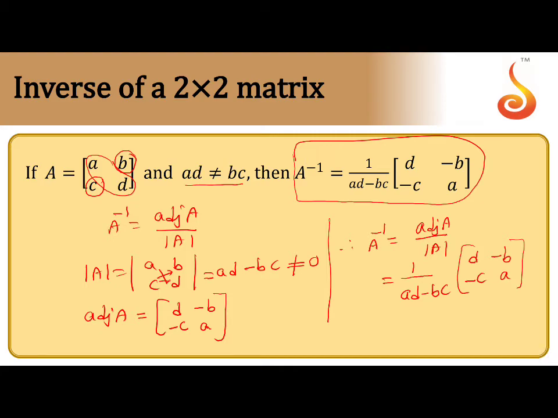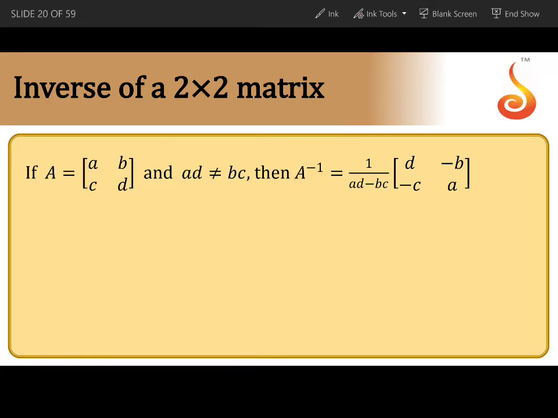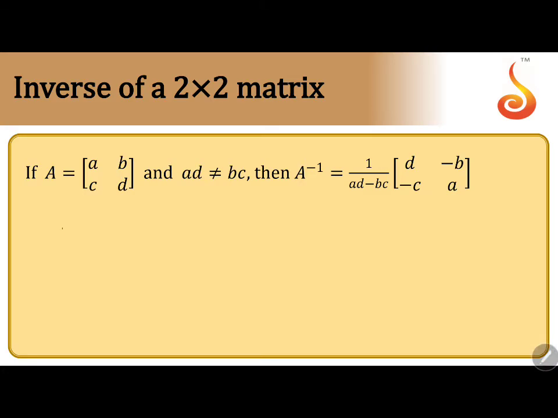I will explain with one example. Say A is equal to [1 2; 3 4]. Then A inverse is, you can apply that formula directly. You can compare this matrix with a, b, c, d.